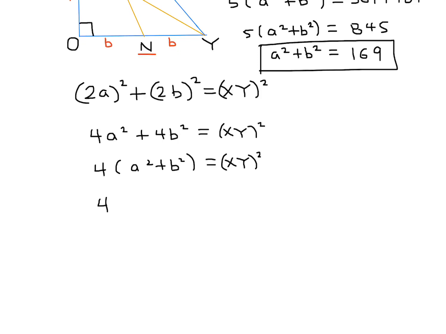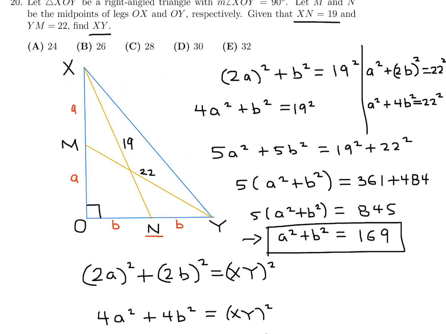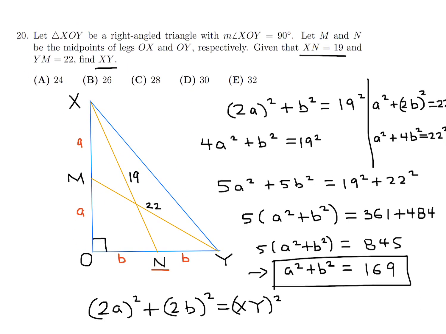And a squared plus b squared we got right there, 169. Correct? 4 times 169 is 676 is XY squared, and therefore XY is the square root of 676, which is 26. Correct? So therefore we found XY. And that means the answer to number 20 is B.